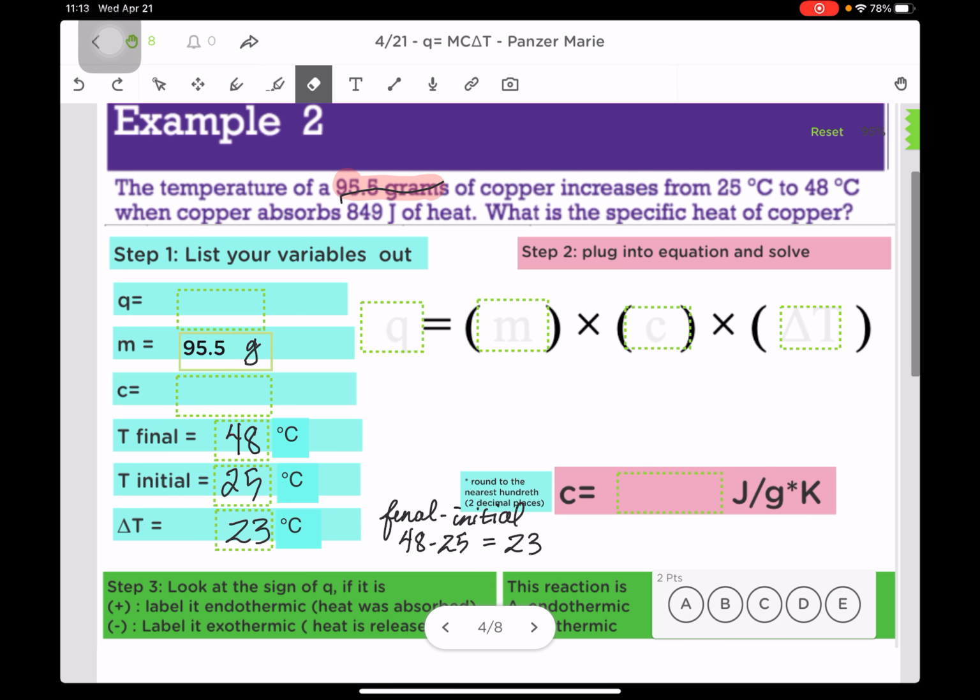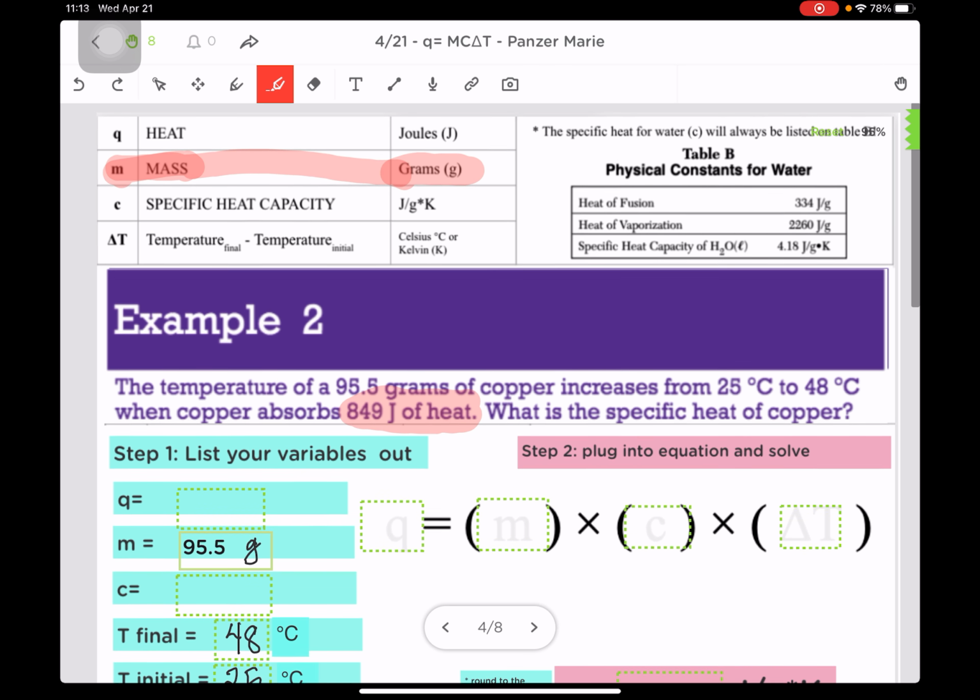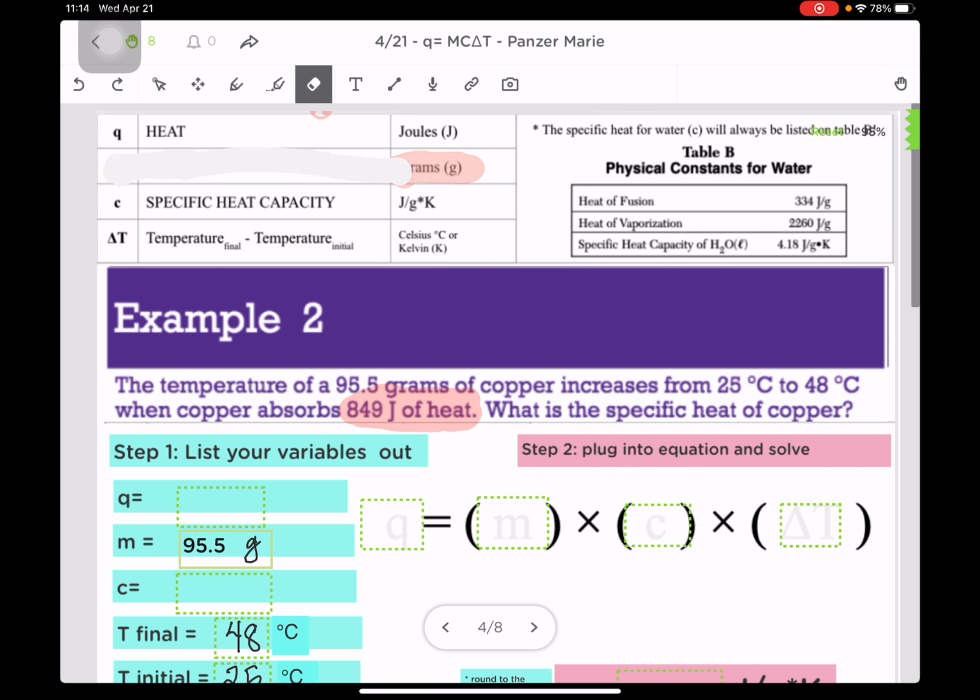Alright, so copper increases from blah blah blah. When copper absorbs 849 joules of heat. Double check what you're doing here, because if we take a look up top, I've seen a few people get confused between heat and specific heat capacity. So this one says 849 joules, just joules.